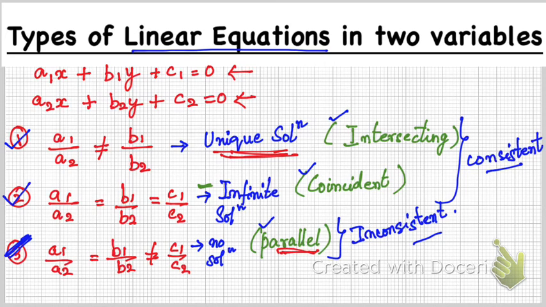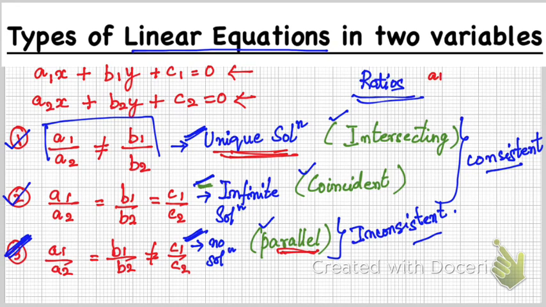And you can guess the number of solutions that you are going to get, whether one solution, many solutions, or no solution, because in the case of parallel lines you are not going to get any solution. All these classifications you can do by the ratios a1 by a2, b1 by b2 and c1 by c2.